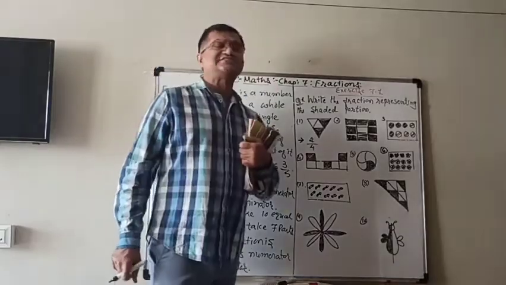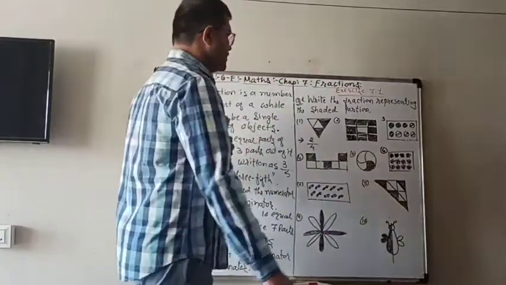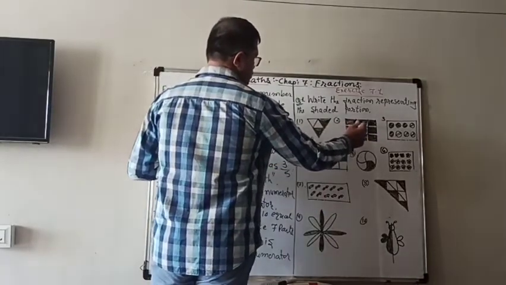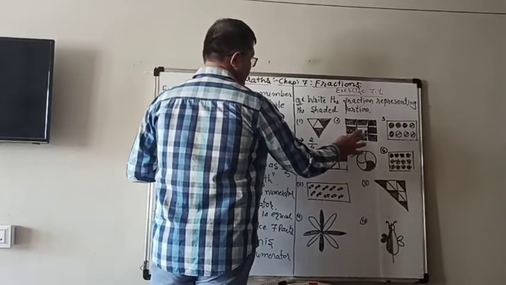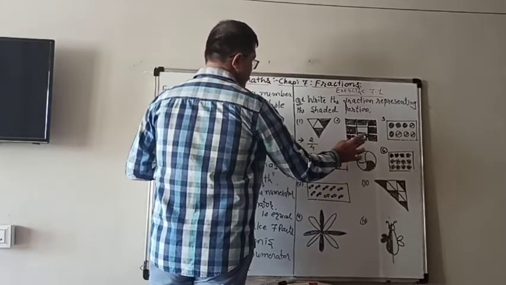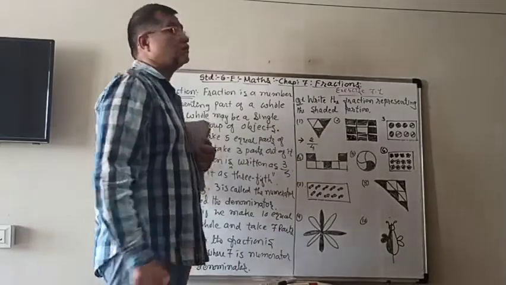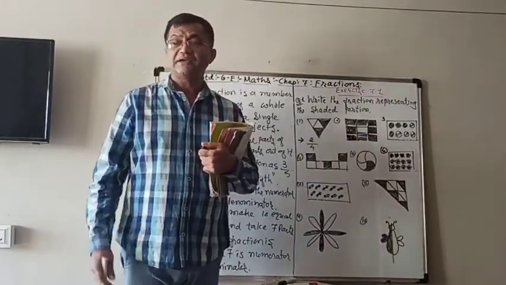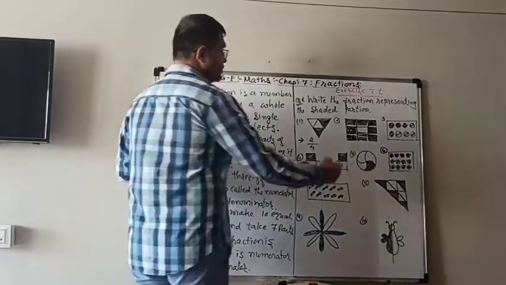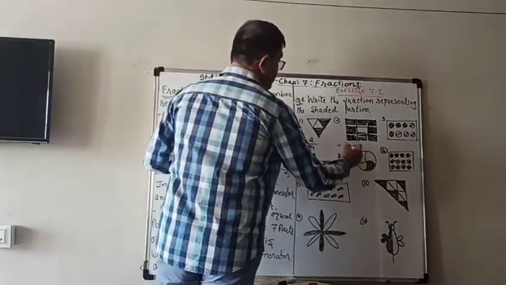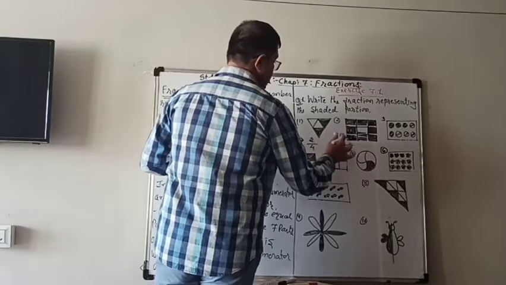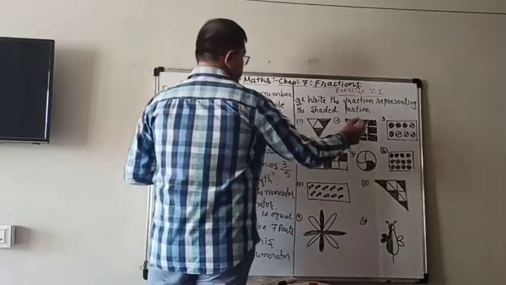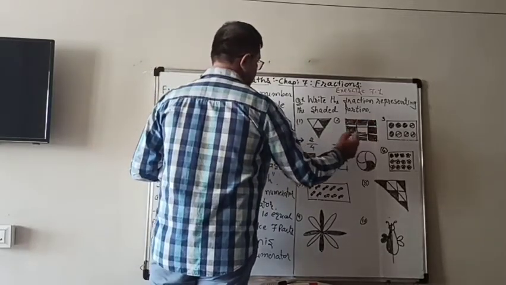Let's check the second figure. You can see that a rectangle is divided into 1, 2, 3, 4, 5, 6, 7, 8 and 9 equal parts. So where do we write this 9? 9 will be in the denominator. And out of 9 equal parts, how many are shaded? 1, 2, 3, 4, 5, 6, 7 and 8.